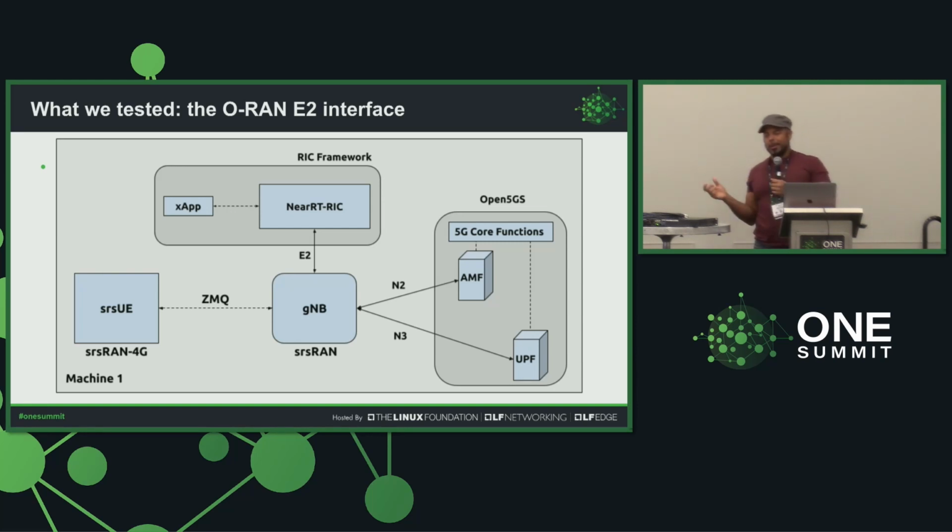When you're coming from the cloud native community, you look at some of this stuff and it looks like service discovery, it looks like orchestration. That's what it looks like to me. But within these frameworks for the RIC, it's called a near real-time framework.